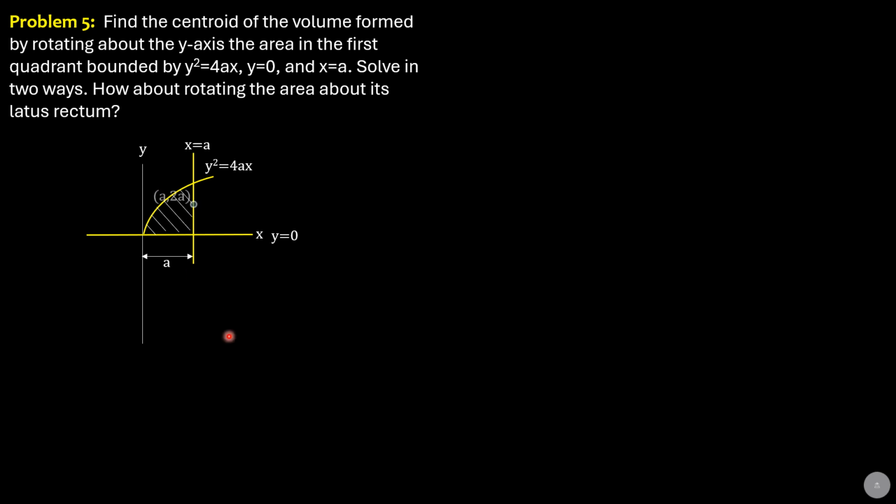By the way, this is at a comma 2a, because when x is a, y is plus or minus square root of 4a squared, or plus or minus 2a, but we only consider the region in the first quadrant, so y is positive 2a.